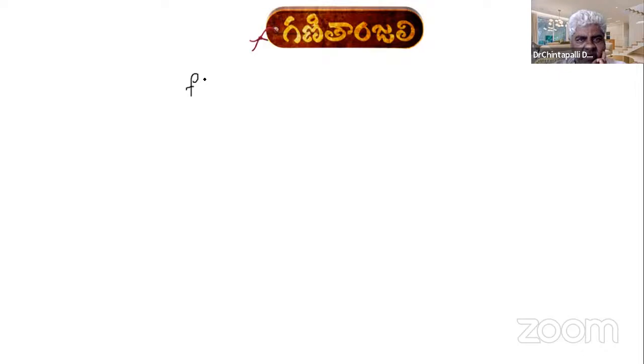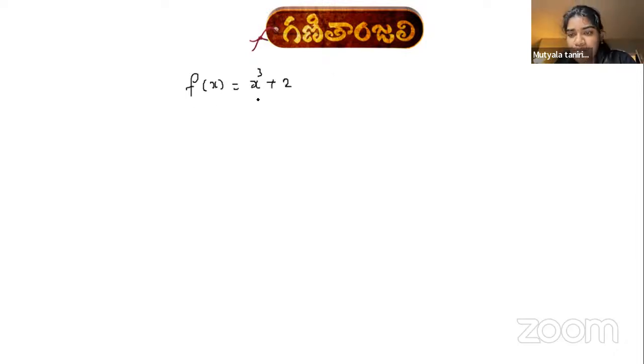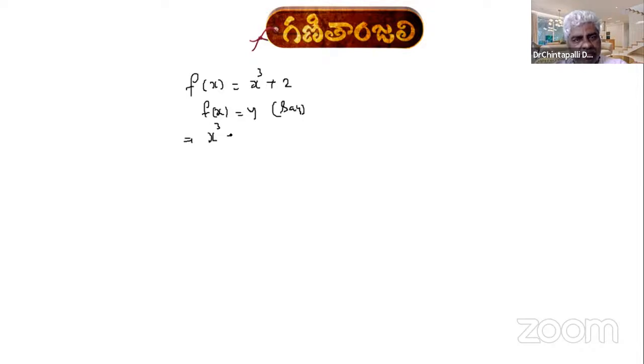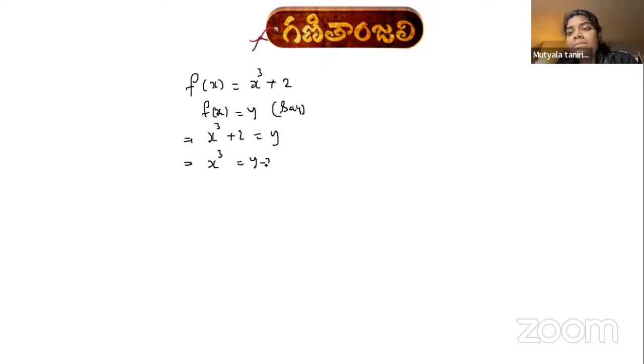If f of x is equal to x cube plus 2, we can find its inverse. f of x is equal to y. That means x cube plus 2 is equal to y, so x cube is equal to y minus 2. x equals cube root of y minus 2.